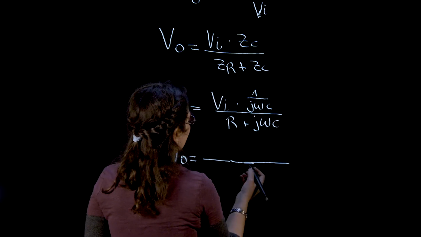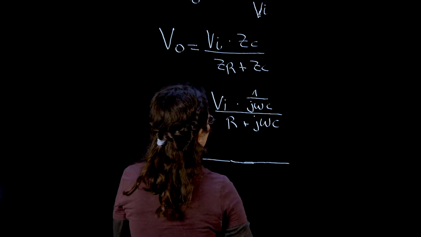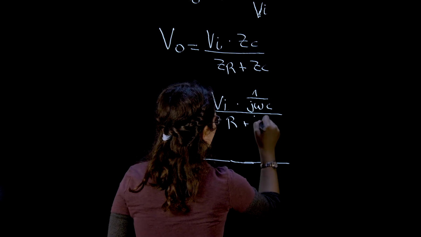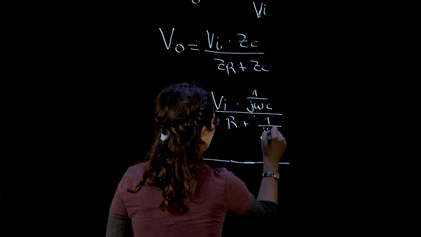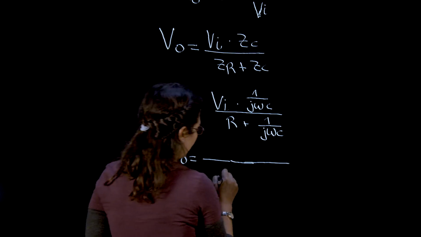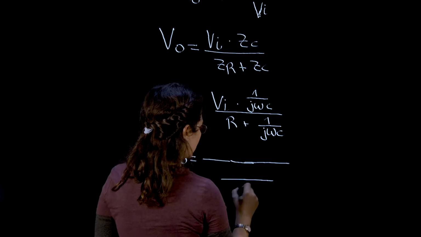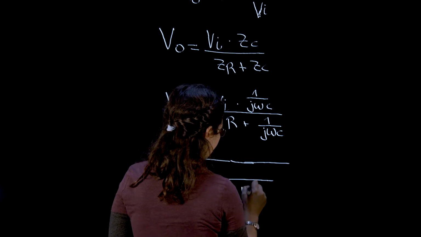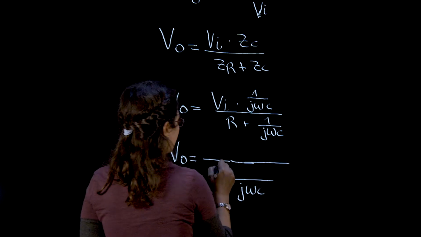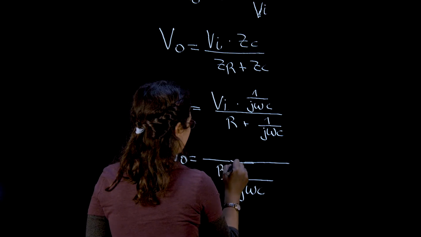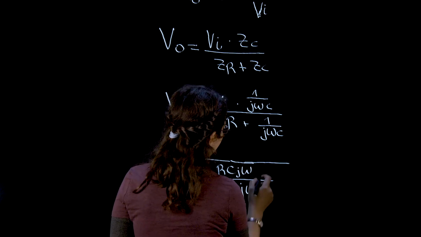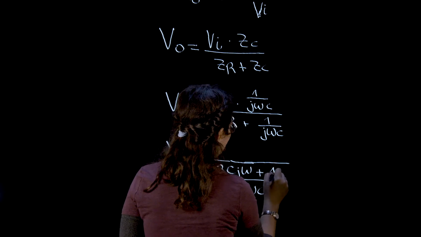I have here, sorry, this is wrong. Like this. So I have two quotients there, so we want to get rid of that. So that gives me RC j omega plus 1.